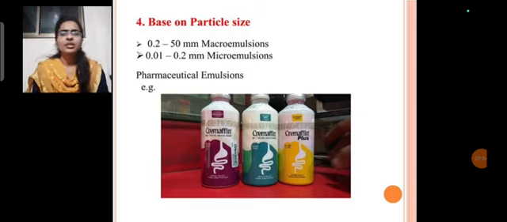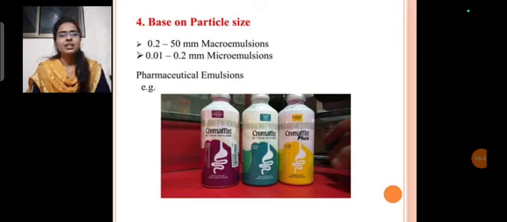Those emulsions that have a particle size in the range of 0.2 to 50 millimeter are called macro emulsion, and when the particle size is between 0.01 to 0.2 millimeter, the emulsion is called micro emulsion.